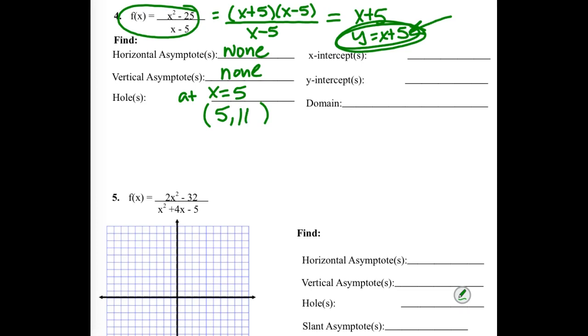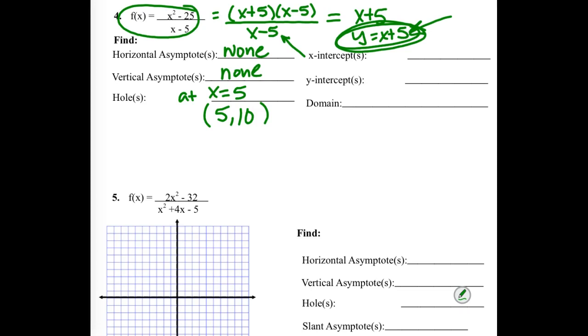So that's the location of my hole, the point (5, 10). Now notice to find that value, I had to use the reduced version. I can't plug a 5 in here because it makes this undefined. But I can plug it into the simplified version. And that's how you find the exact spot where your hole is going to be.